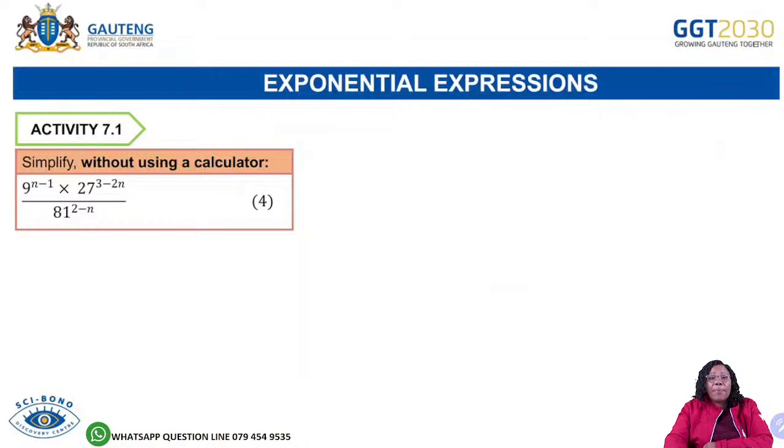And when we are dealing with the exponential rules, we are relying mostly on prime bases. So we are using prime bases in order to simplify our expressions or our exponential equations. Now, what do we mean by the prime bases? We are taking it from the set of prime numbers. Do you still remember them, grade 12?